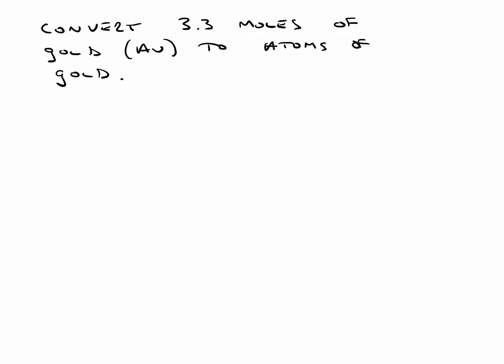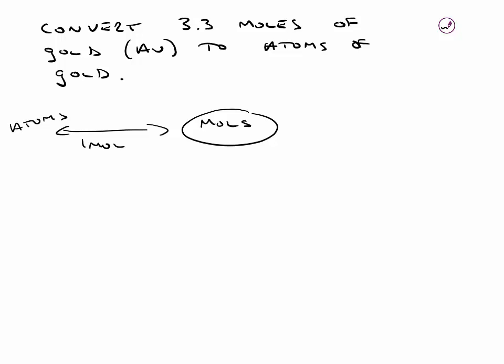In this example, I want to go from 3.3 moles of gold atoms, 3.3 moles of gold to atoms of gold. So we're starting off with moles, and we want to get to atoms, our particles. And of course, we're going to use this relationship where 1 mole equals 6.022 times 10 to the 23rd and those conversion factors.